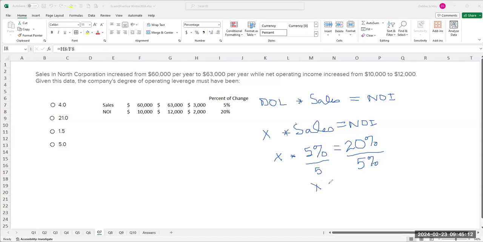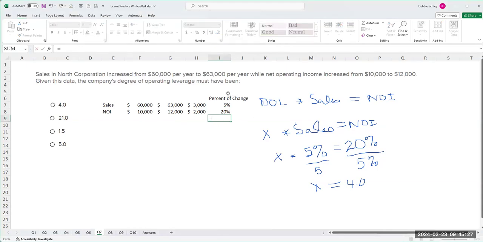So then X will equal 4.0. I'm going to show you that here. So X equals the change in net operating income divided by the change in sales, right? Get X by itself and then X. Whoops, that is not a percent, that's a number. So the answer is 4.0.